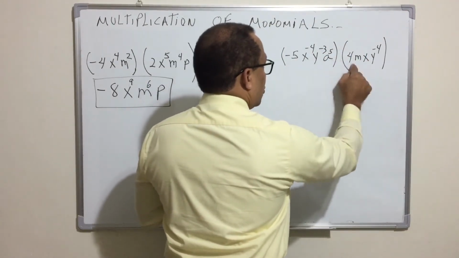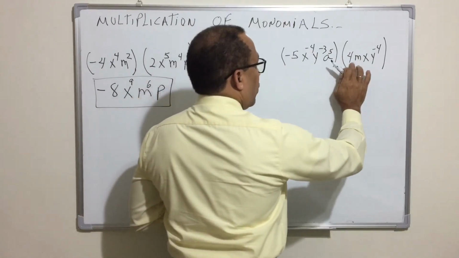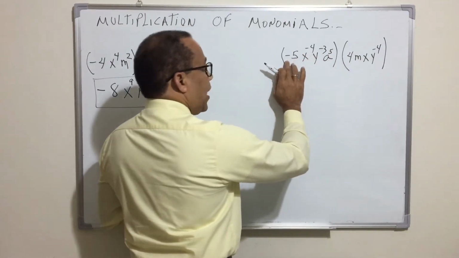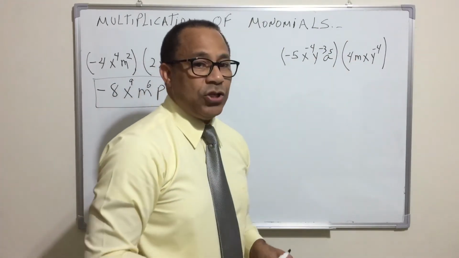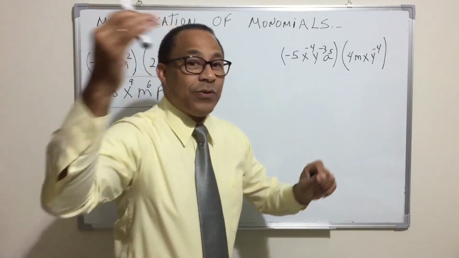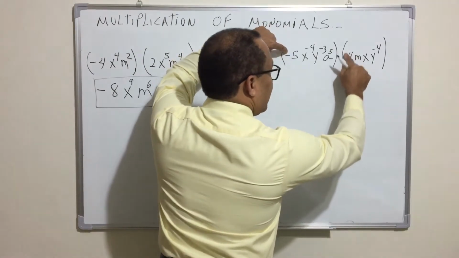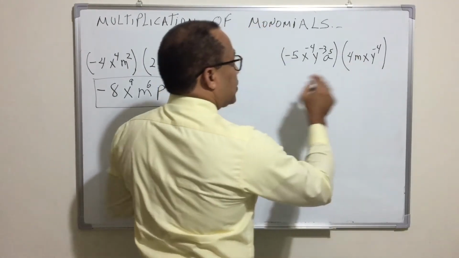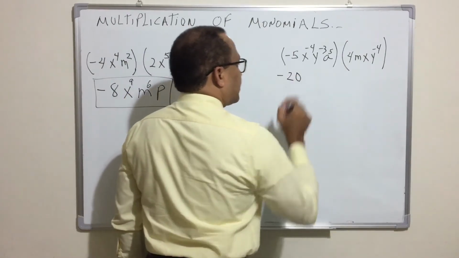It's a multiplication. So I say negative 5 times 4. The rule in multiplication says negative times positive equals negative. So the result for the coefficient is negative 20.